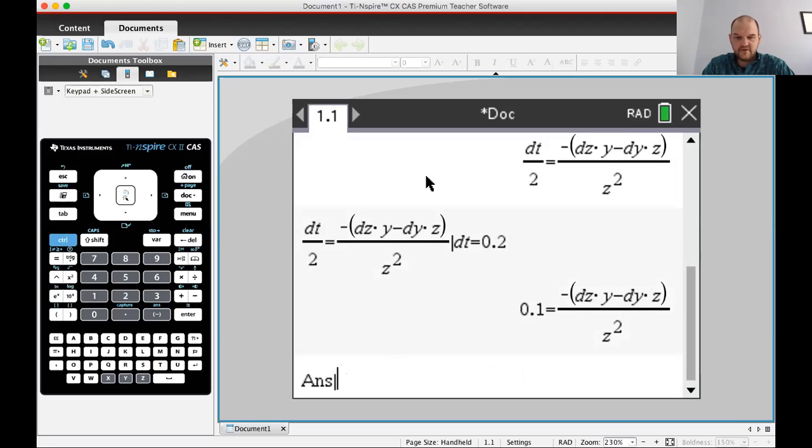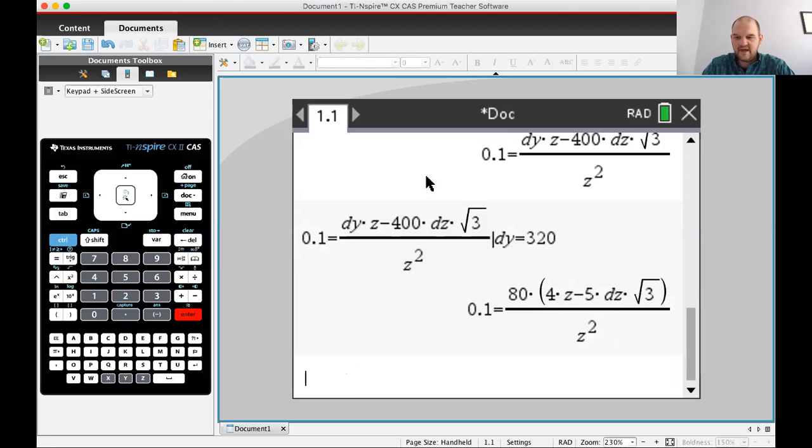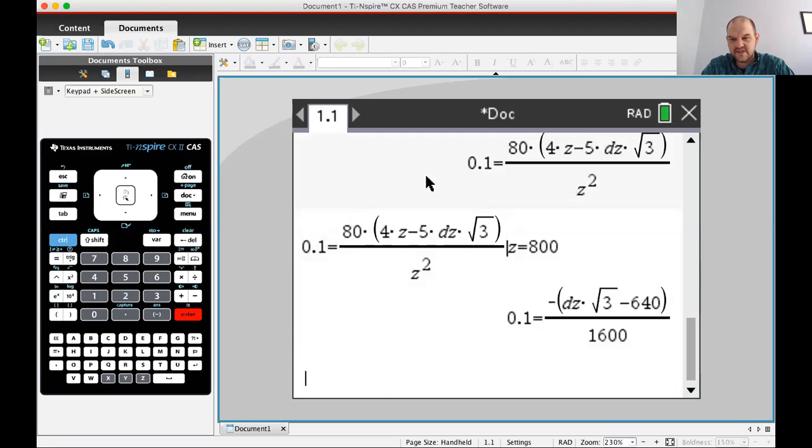I know that y at this exact moment is 400 square root of 3. I know that the rate of change of y, dy, is 320. I know z is 800. I really hope this gets the same answer because otherwise this is going to be so annoying. And I need to solve for dz.